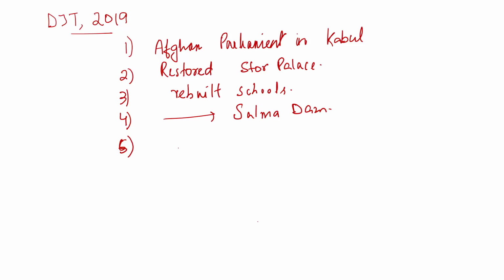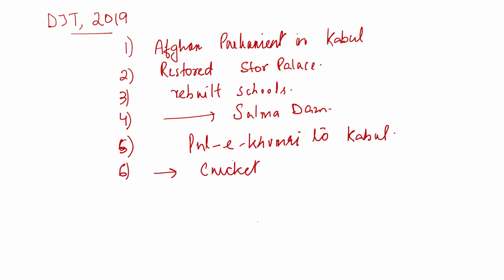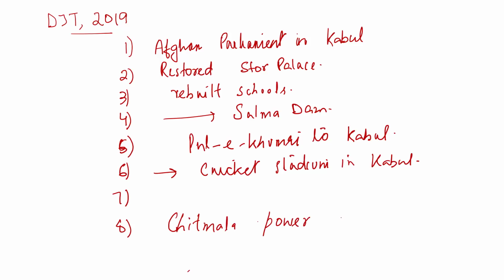Not just that, we have laid an electricity transmission line from Pul-e-Khumri to Kabul. Not just that, we have constructed a cricket stadium in Kabul. Not just that, we have upgraded telephone exchanges in some provinces. And not just that, the Chimtala Power Substation in Kabul. And much more. If we look at Afghanistan, we have vital interests in Afghanistan.